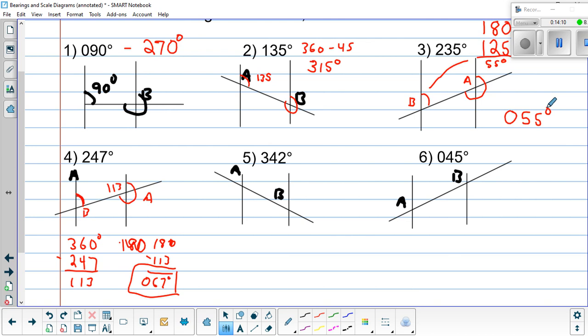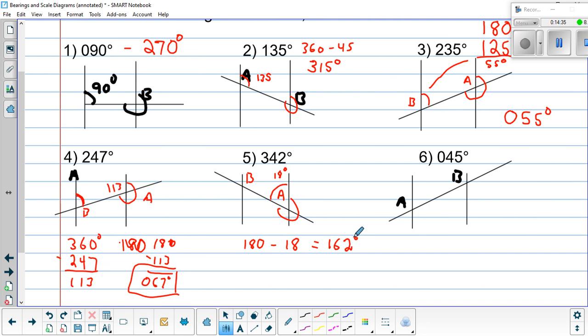Continuing on, we know A to B is 342. So we know the angle here that's missing is 18 degrees. And so 180 less 18 is 162 degrees.